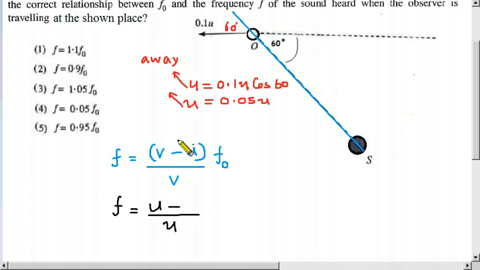Therefore since the numerator should decrease, the minus sign should be there. So instead of u, we write the simplified value, 0.05 u, times f naught.